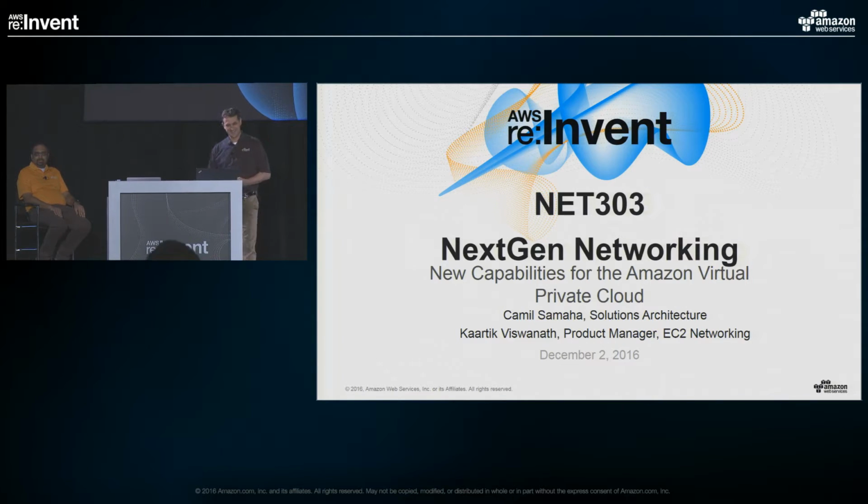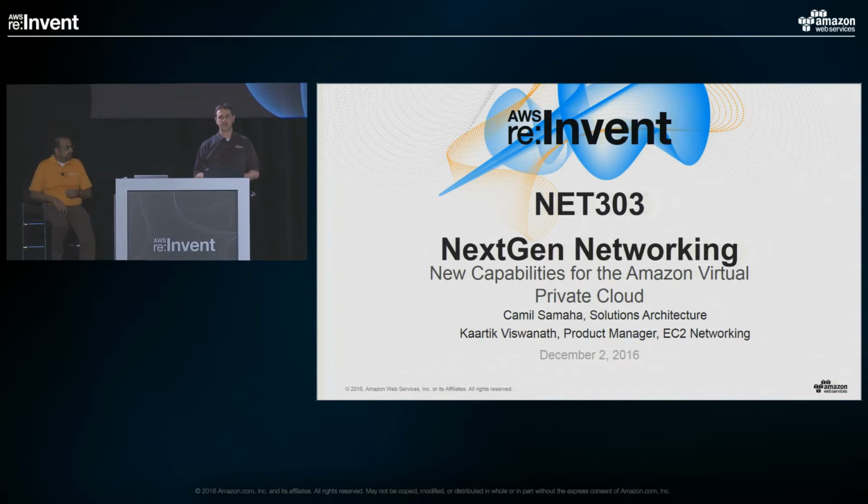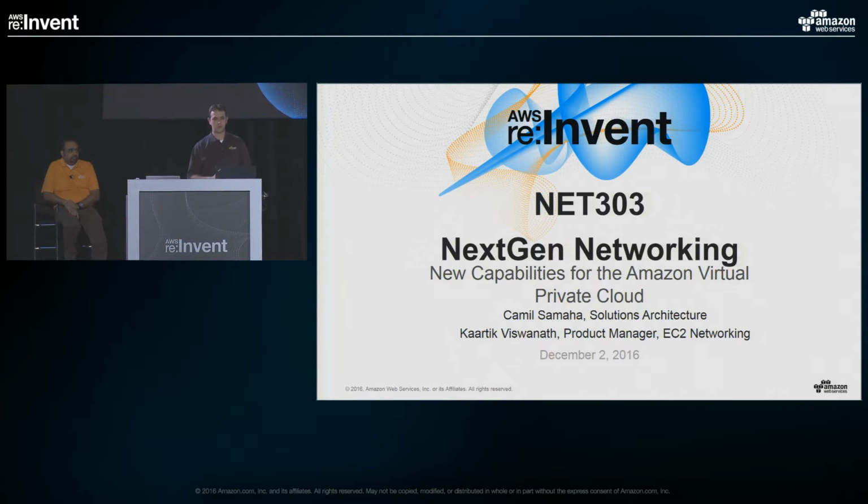My name is Camille Samaha. I'm with the Worldwide Public Sector Solutions Architecture team, and very honored and lucky to have Kartik Viswanath, product manager for EC2 networking, with us today.